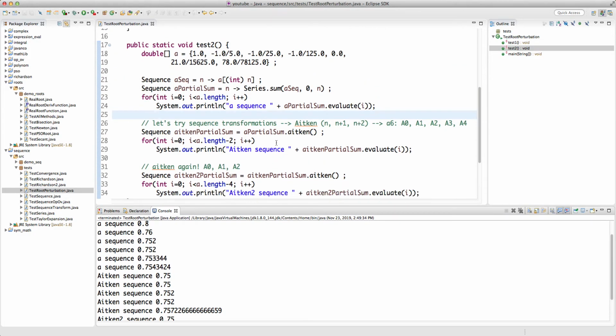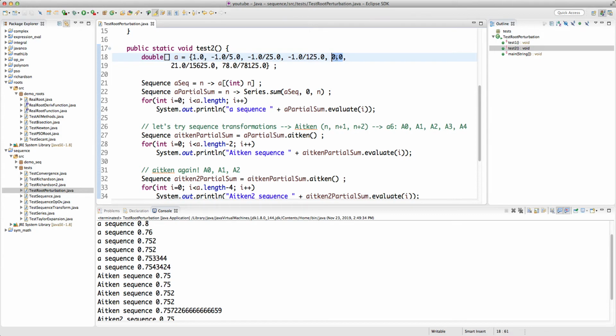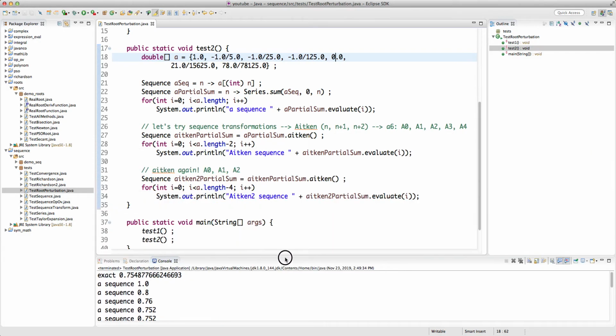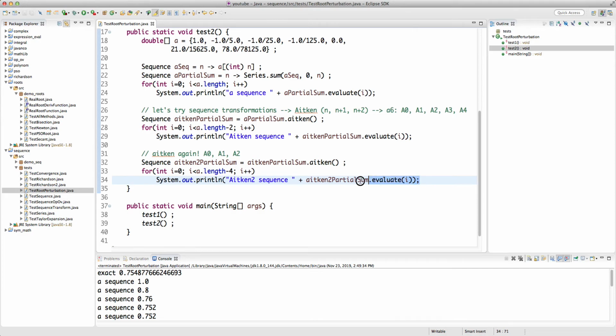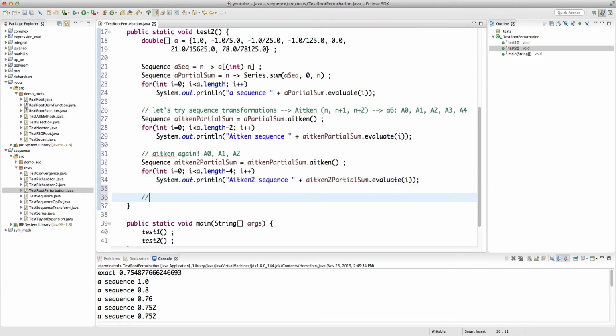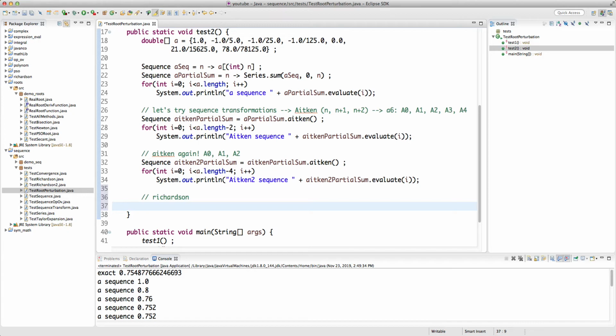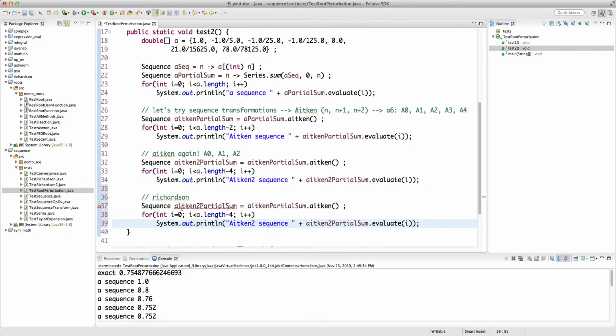And you probably can see that the problem here is that there is a 0 here, and that 0 causes the Aitken problem. But what happens if we use Richardson? So let's try Richardson. So we do Richardson, we get a partial sum, and then call, let's say, Richardson.